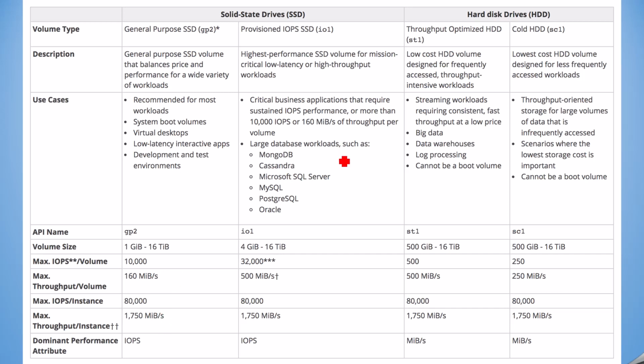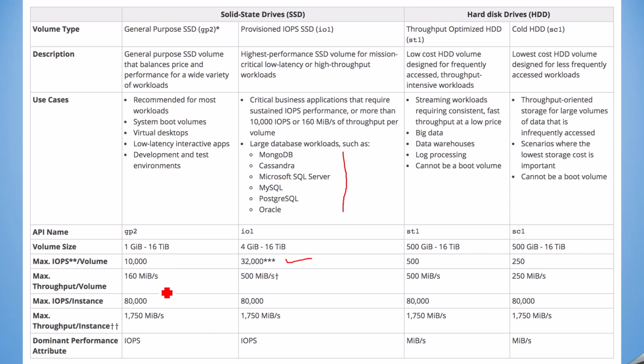But you can see that we have all the databases like MongoDB, Cassandra, MySQL. The reason is that here the max IOPS per volume is 32,000, while here it is just 10,000.